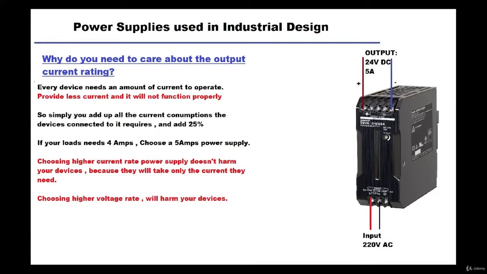However, choosing a higher voltage rating will probably damage your device. So voltages should be matched to the exact rating, and the current could be equal to or more than the device rated current, because in current terms, the device will only take what's necessary for it to operate.